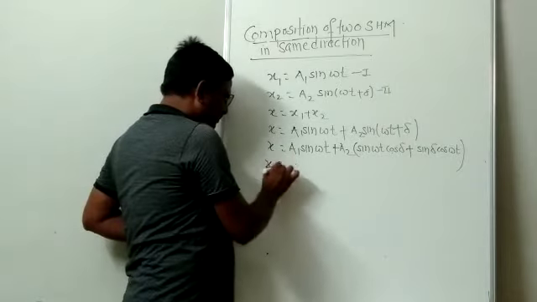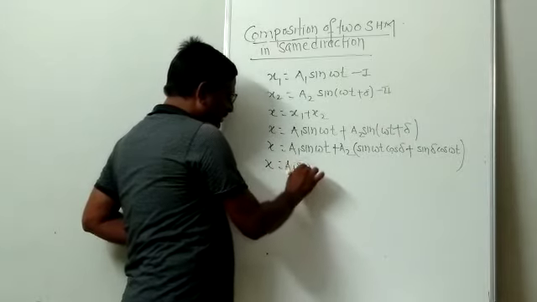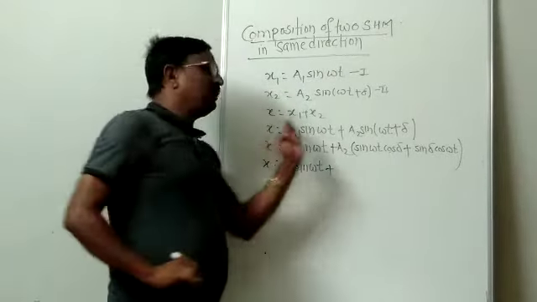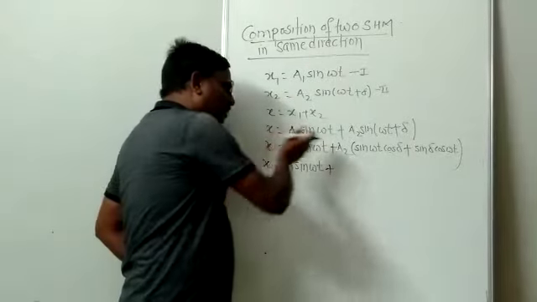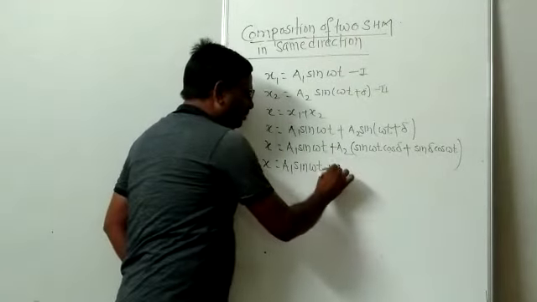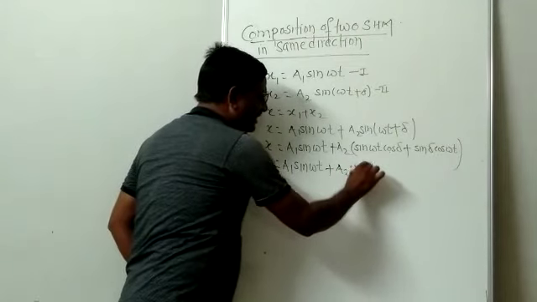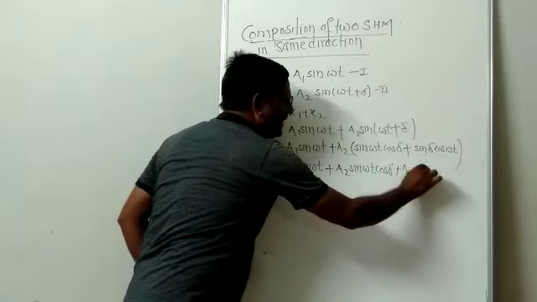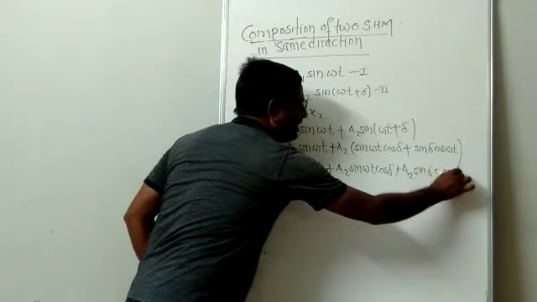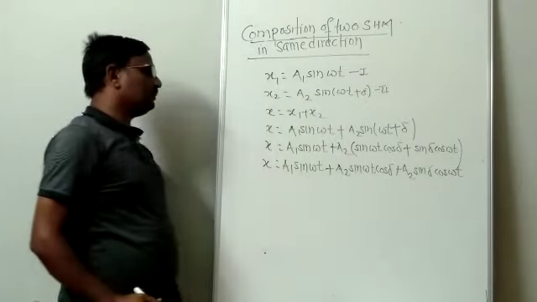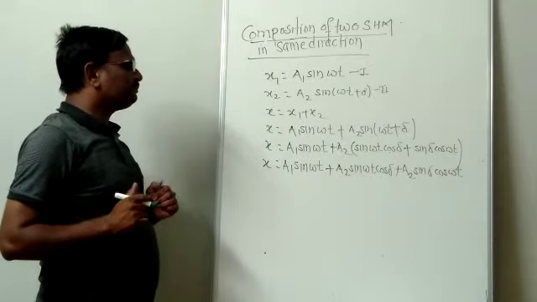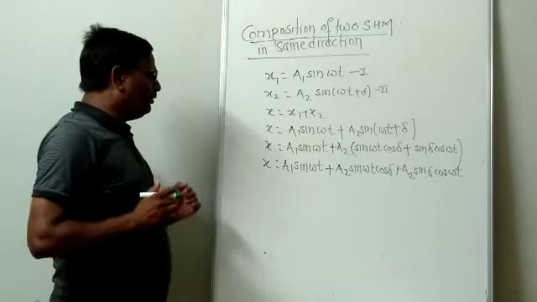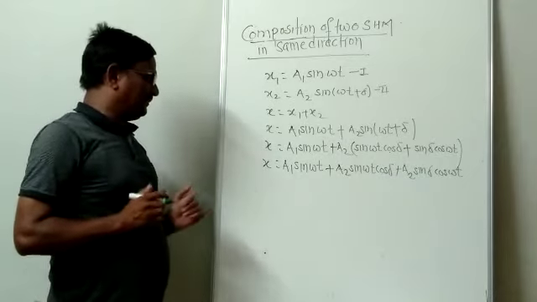X is equal to A1 sin omega t, and A2 can be operated. Let's operate A2: A2 sin omega t cos delta plus A2 sin delta cos omega t. Now what I am going to do is take the common sin omega t.